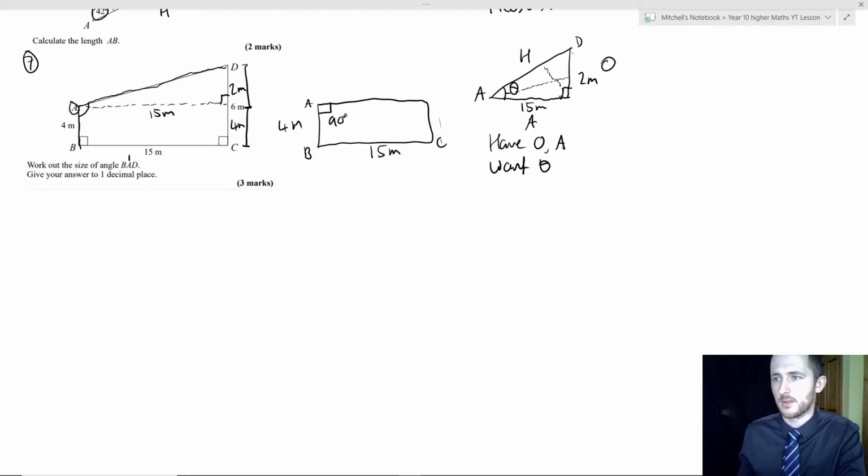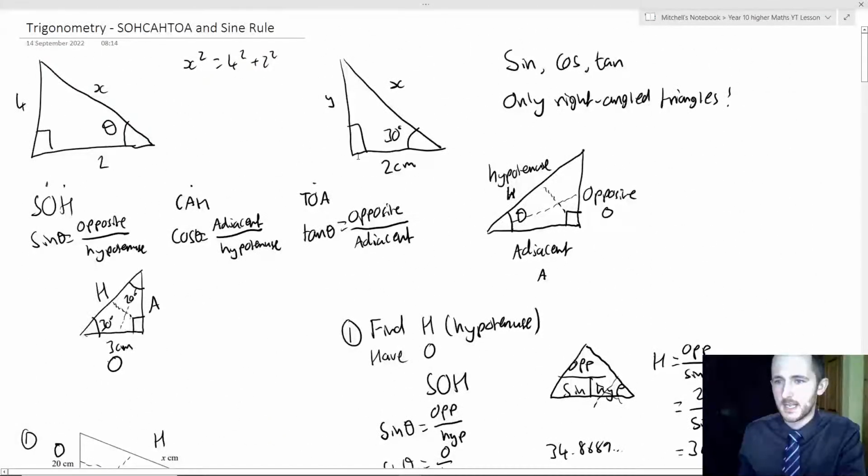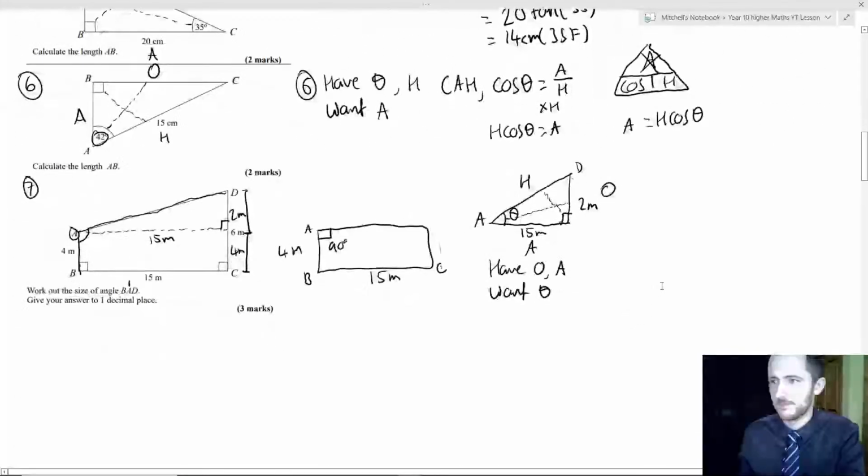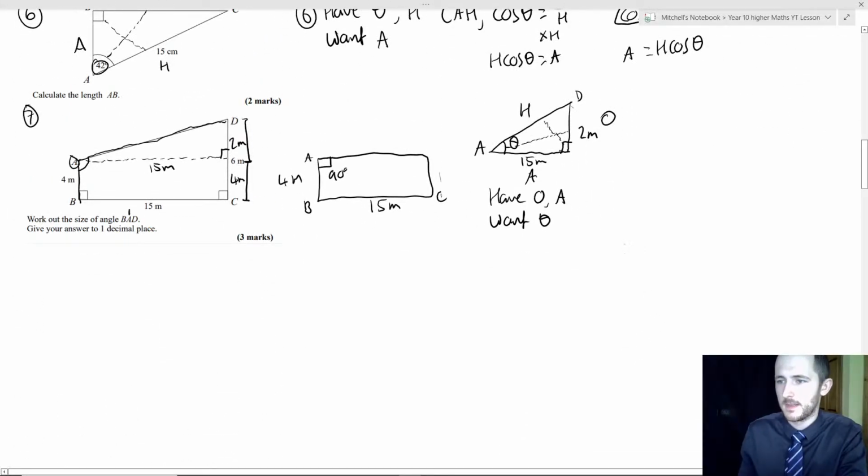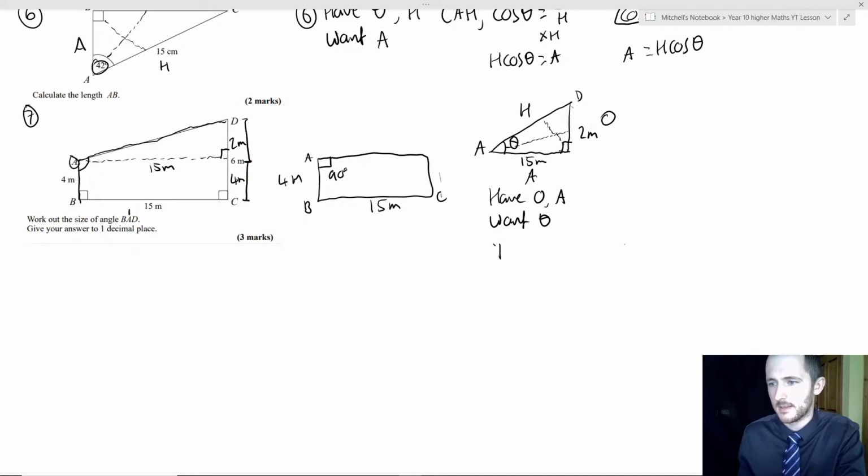So O and A, let's go all the way back up to the top of the document. O and A is tan. There we are. So we have TOA here, which is tan theta equals opposite over adjacent.